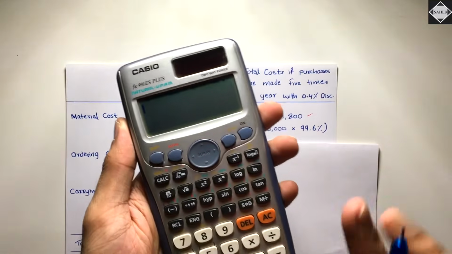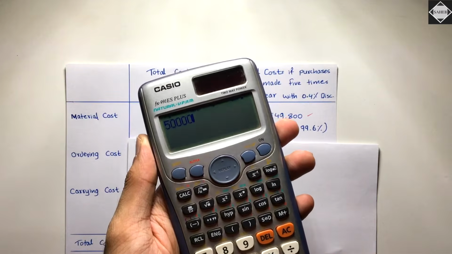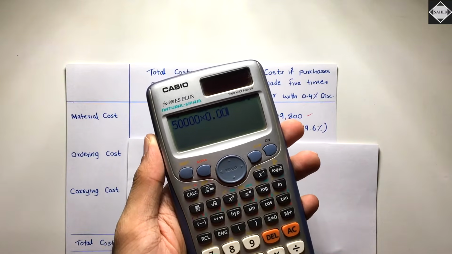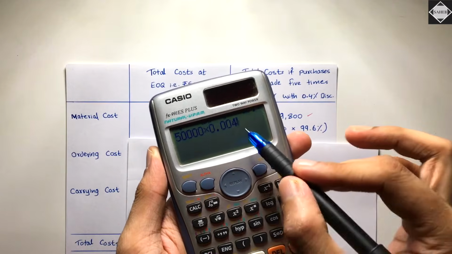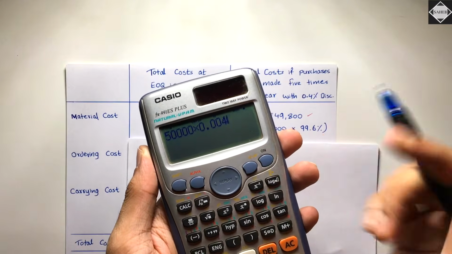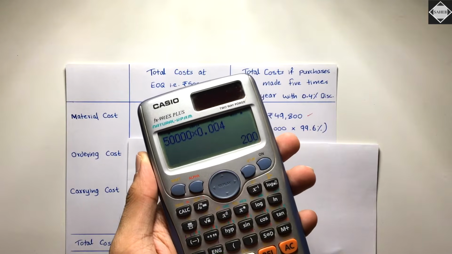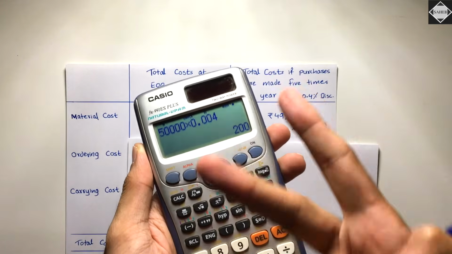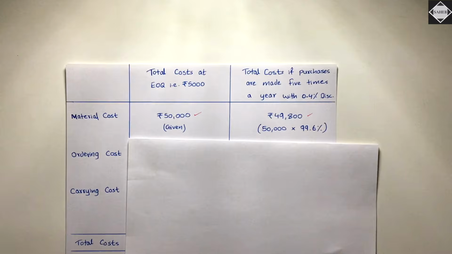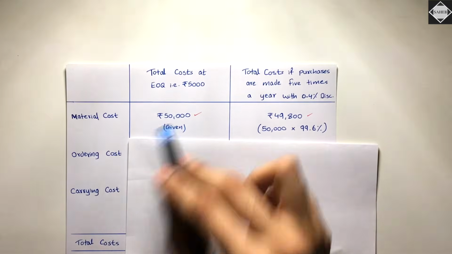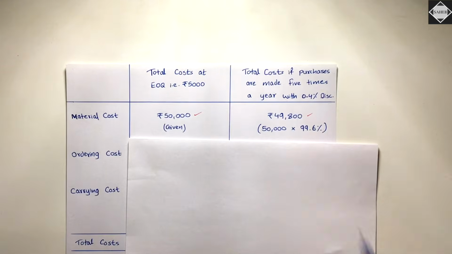It's really simple. Two ways you can do this. 50,000 into 0.004, isn't it? 0.4% means it's less than 1%, so 0.004 in decimals, so that's equal to 200 rupees discount I'm getting in this discount policy. Is it clear? So 50,000 minus 200 equals 49,800.